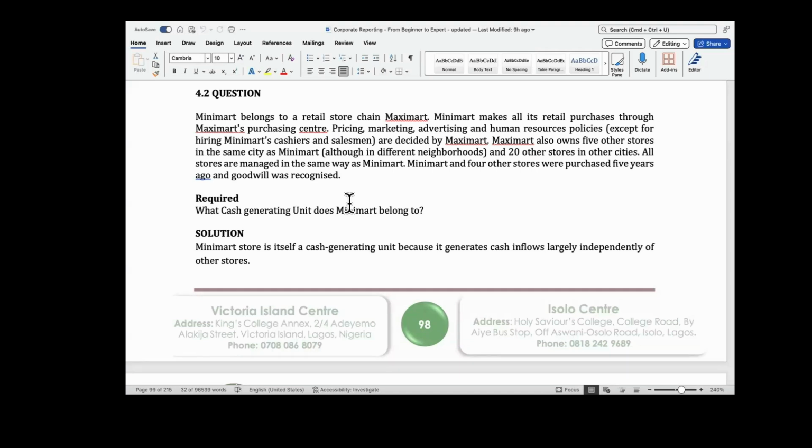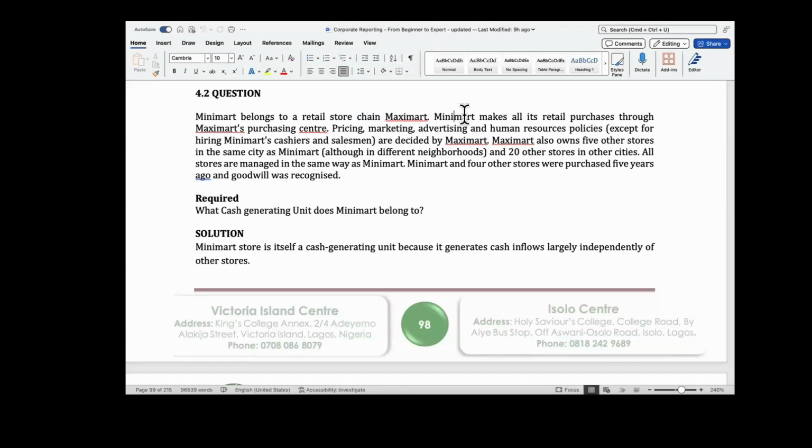Okay. Now, looking at this question, they are talking about Minimart. This question is asking what cash generating unit does Minimart belong to? So the first thing is, what is Minimart? We need to understand what Minimart is from this question. Minimart obviously is a branch of a supermarket. There's a huge supermarket, Maximart, that has several branches, right?